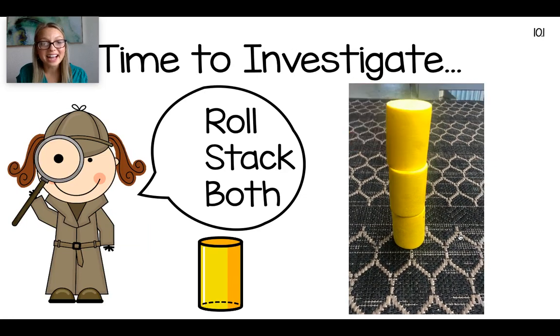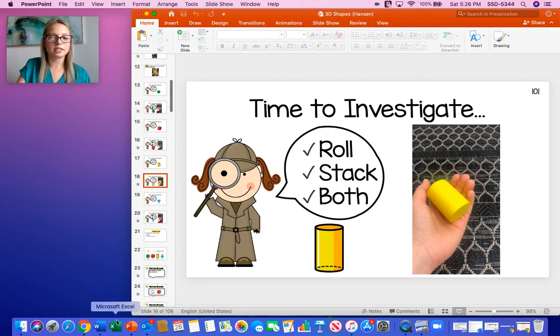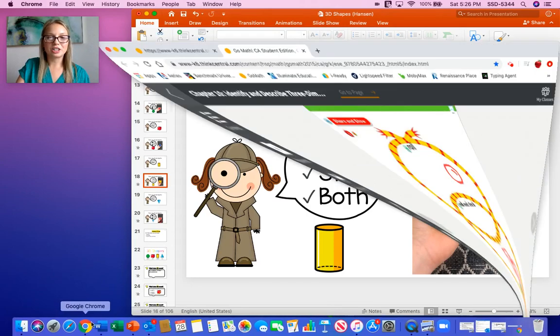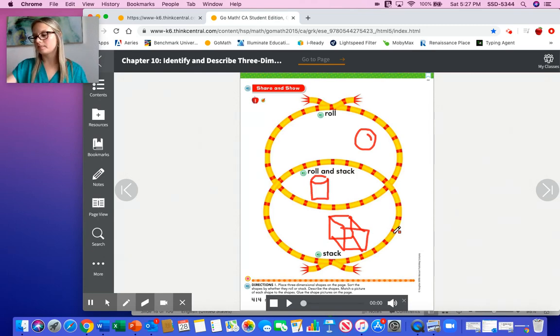Yeah, it can stack. So, can it do both? Yes, it can roll, it can stack, so it can do both. Very good. So we're going to draw our cylinder in the section that says roll and stack. Okay, so we're going to draw our cylinder with an oval or a squished circle and a bottom that looks like that with 3 lines.